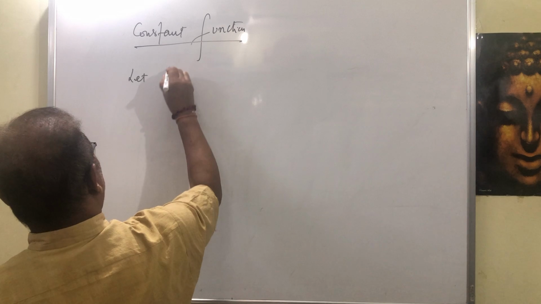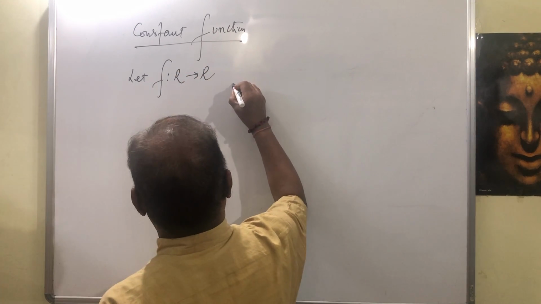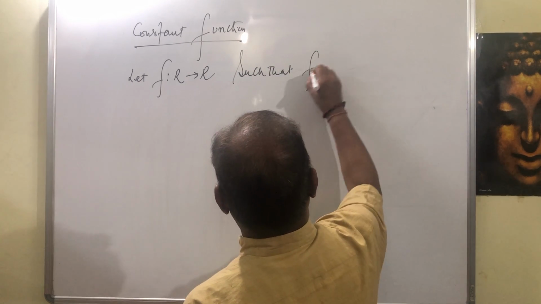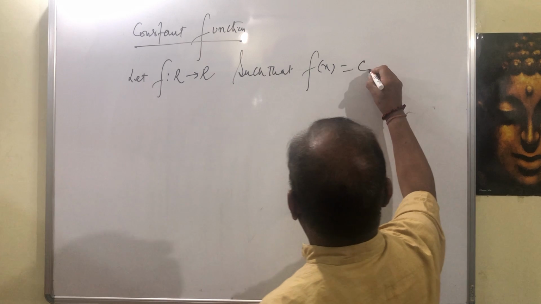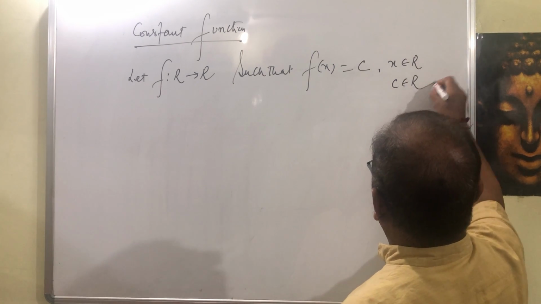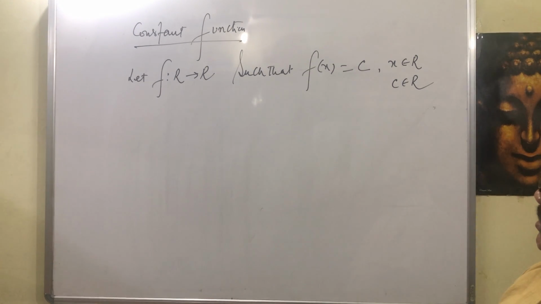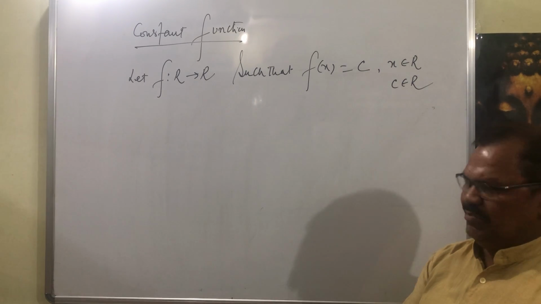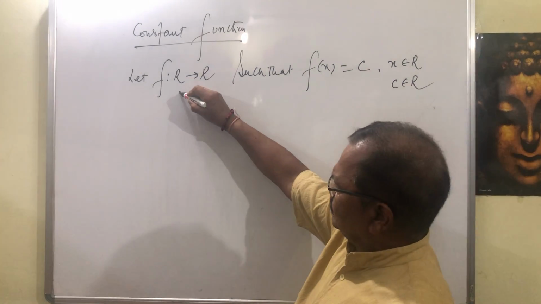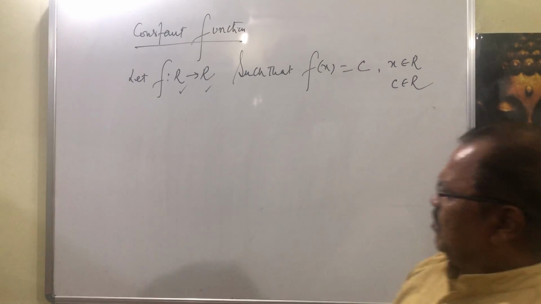Let f be a function from R to R such that f(x) is equal to c, where x belongs to R, and c is also a member of R, c is constant. This type of nature is called a constant function. The domain of this function is the set of real numbers, the codomain is the set of real numbers, but the image is like this.